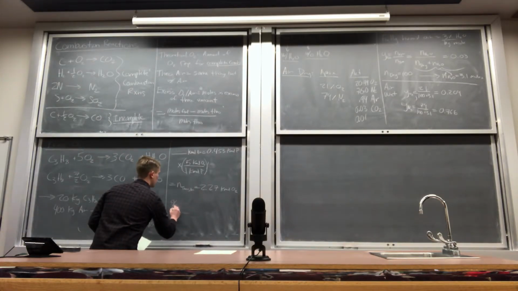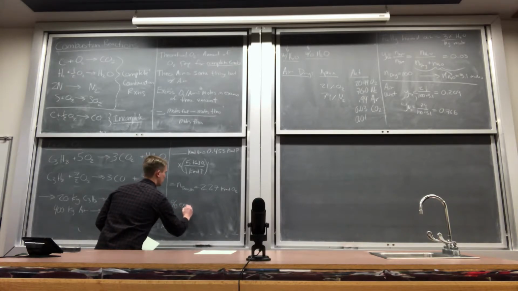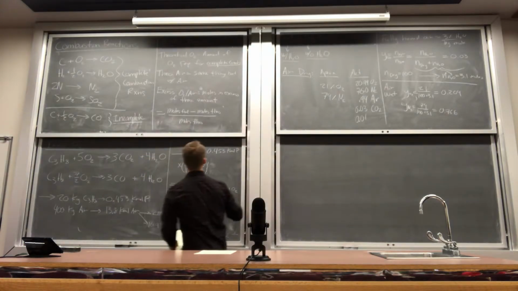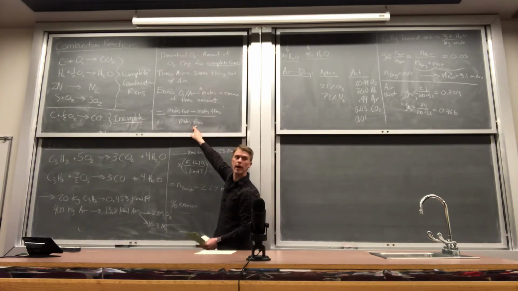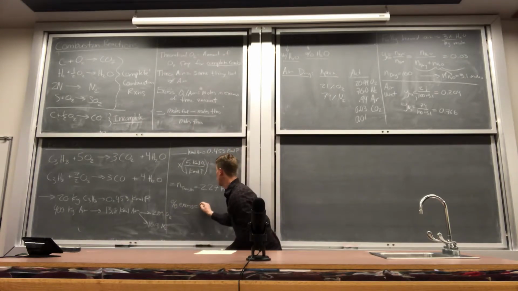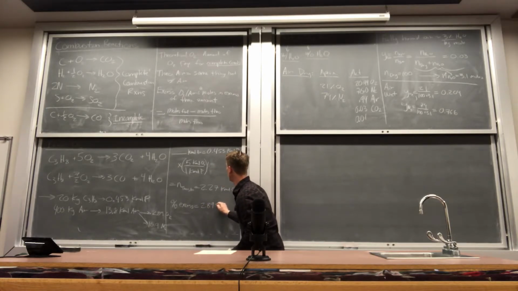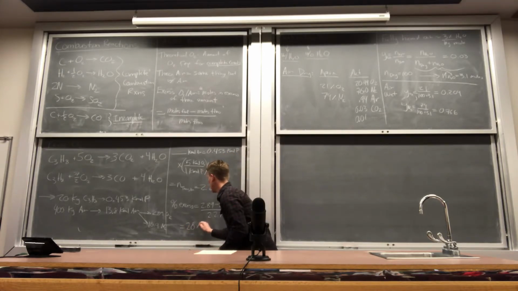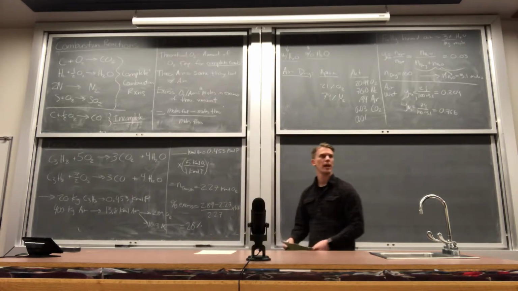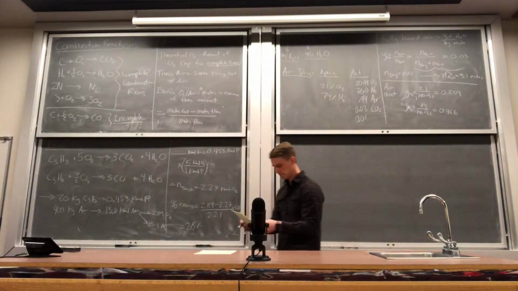Our percent excess is moles fed minus moles theoretical, divided by moles theoretical. We're feeding 2.89, our theoretical is 2.27, and if we multiply by 100 to go from fractional to percent, this is equal to 28% excess. So we're adding in a good amount of extra air.